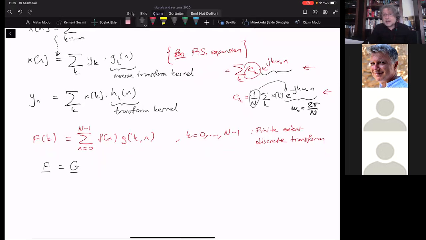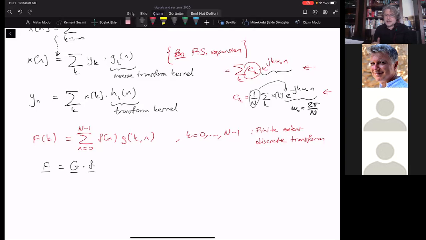Now this is a matrix because it has 2 parameters, k and n, times the lowercase f vector, let's say the time vector. So when you multiply a length N vector with an N by N matrix, you come up with another length N vector, which is the transformation.